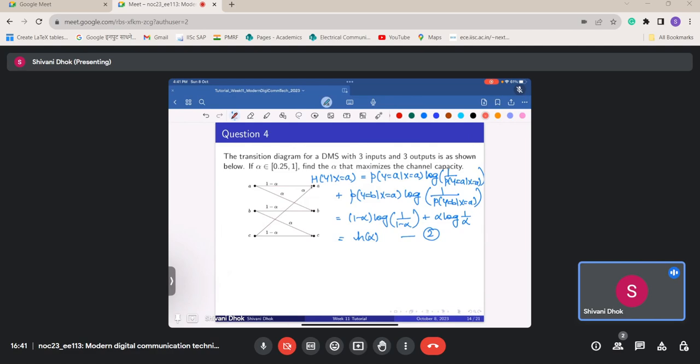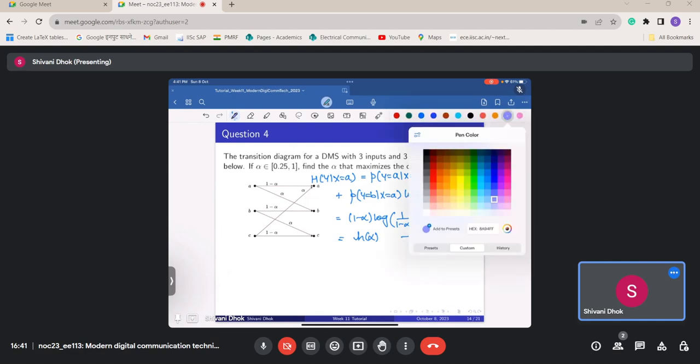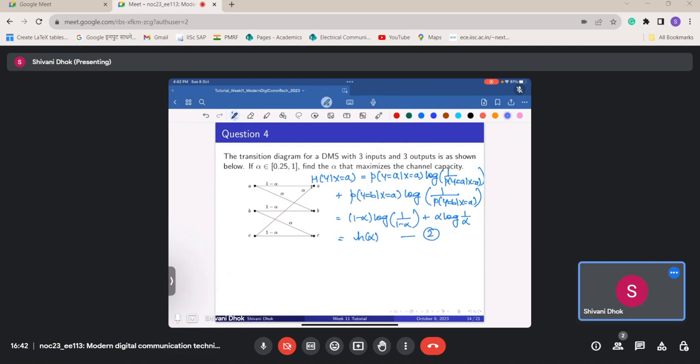Now let us try to find out this quantity. Let us try to find out h of y given x equal to b. Now if x is equal to b, then I can either receive b or I can receive c. So y can take only two values, either b or c.